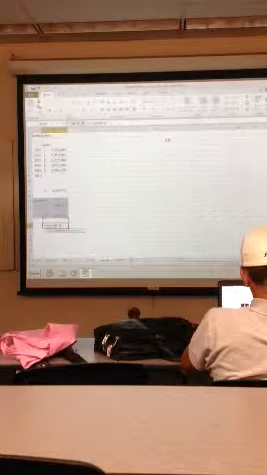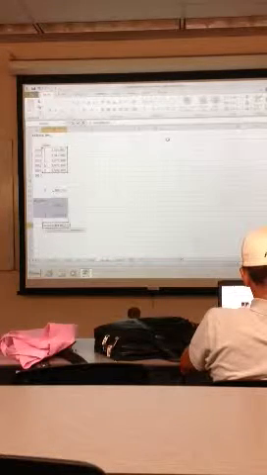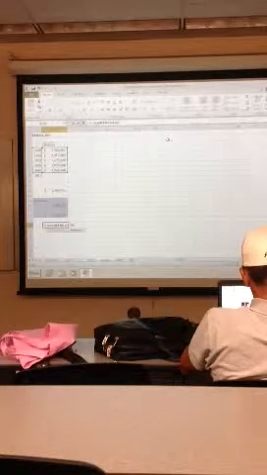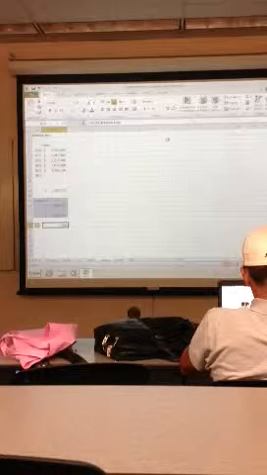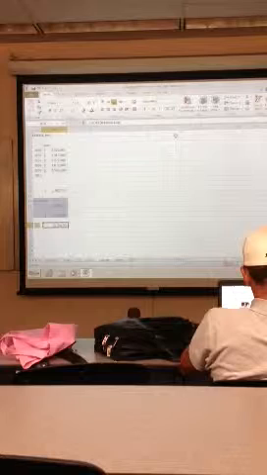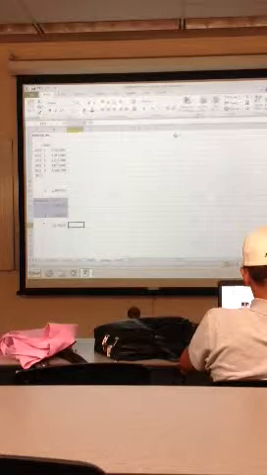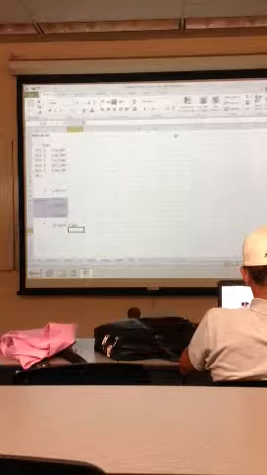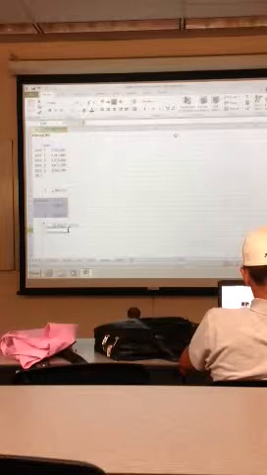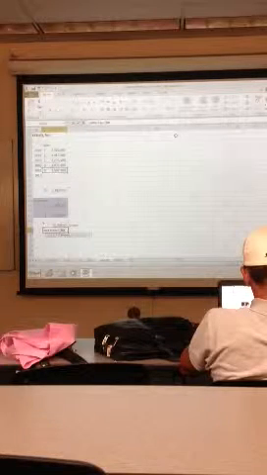Again, you've got your known Y's and known X's. So this is the slope of the model. This is the slope of the regression line. And this is the y-intercept.